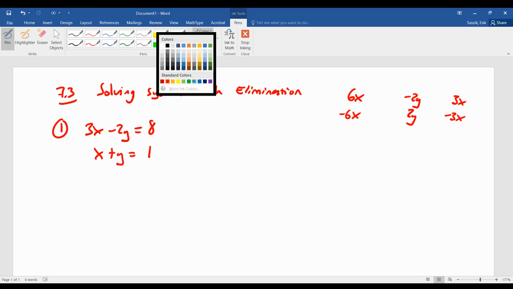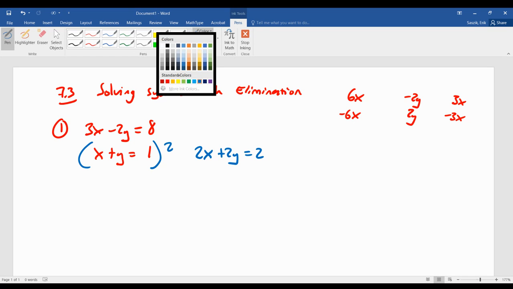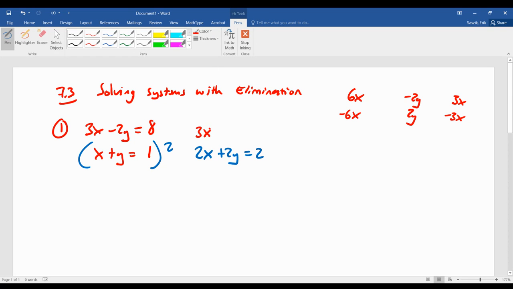I'm going to multiply this second equation by 2. Which will give me what? 2x. Remember, you have to multiply each thing by the 2, because as long as you do that, you're keeping the equation balanced. Everything got multiplied by 2. Now the first equation, nothing happened at all.